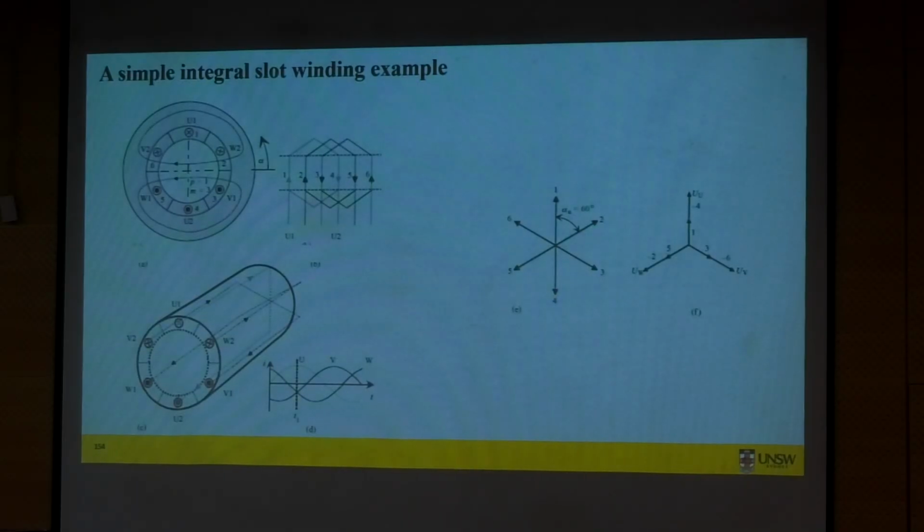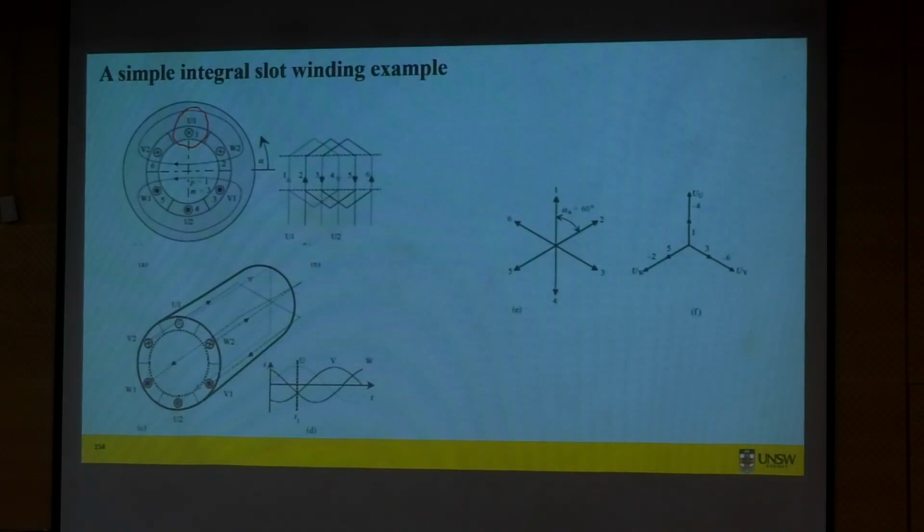Let's look at phase A, or phase 1, in slot 1. There are a total of 6 slots in this simple machine, and that means the slot angle is 360 degrees divided by 6 slots, so we have a 60 degree slot angle.